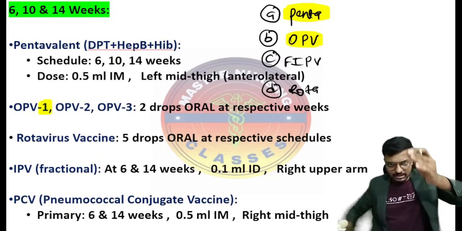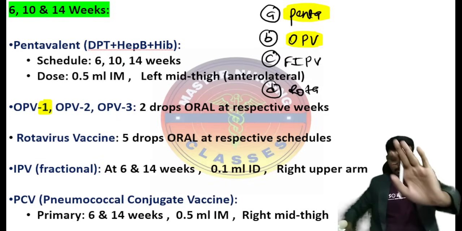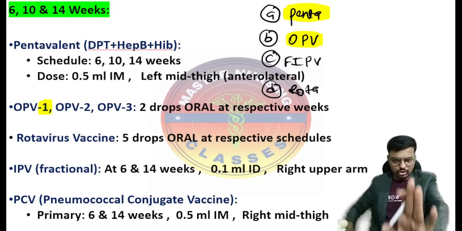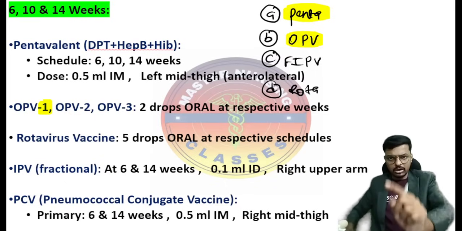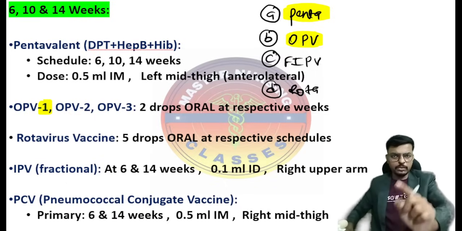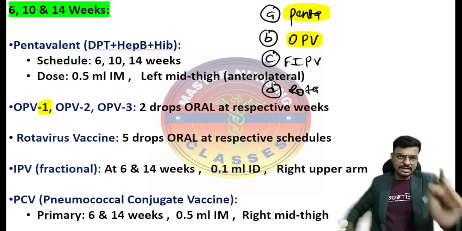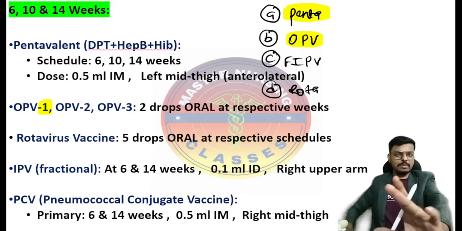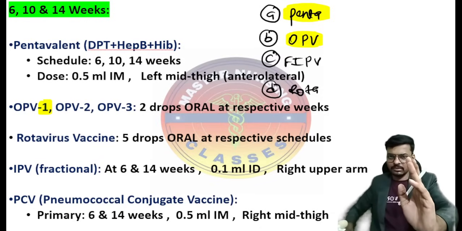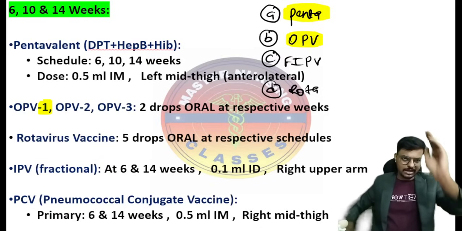Your examiner's favorite question: in the exam the question will come, the oral polio vaccine OPV first dose will be given at, and option A will be birth. If you mention the answer as birth, it will land you in negative marks.